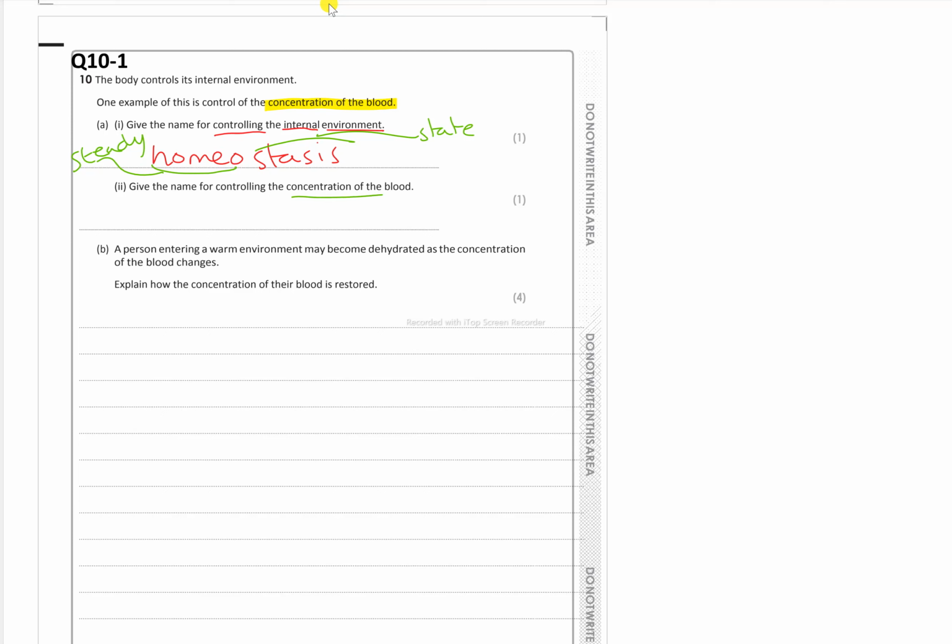Controlling blood concentration is called osmoregulation. When you see the word osmo, think of water. So when you're regulating the water, you're controlling the water in the blood, and hence blood concentration.